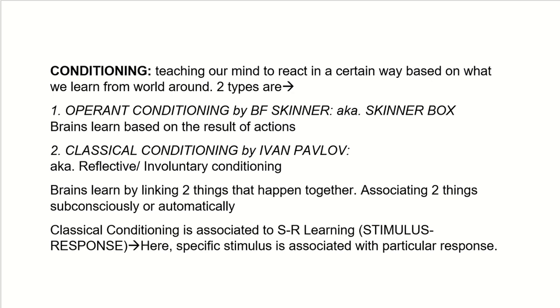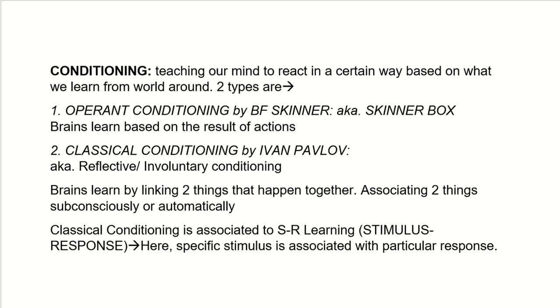The second is classical conditioning by Ivan Pavlov, also known as reflective or involuntary conditioning, where brains learn by linking two things that happen together, associating them subconsciously or automatically. Classical conditioning is associated with stimulus-response learning, where a specific stimulus is associated with a particular response.